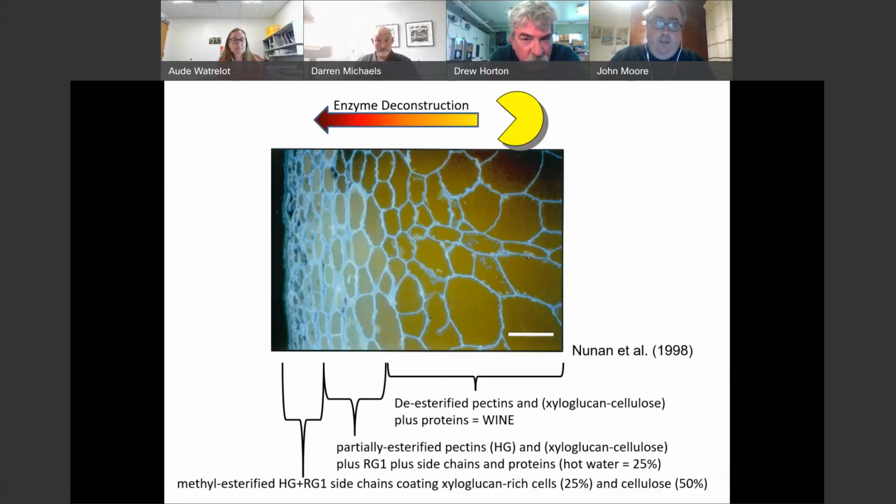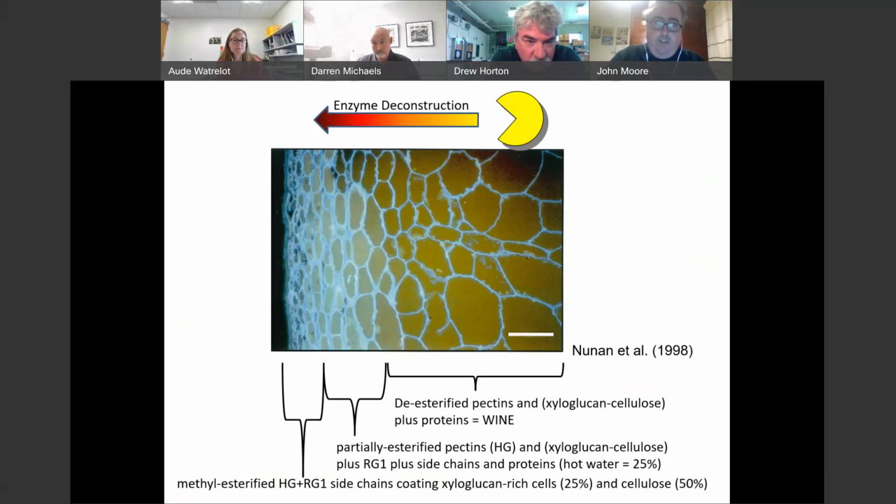and you get two layers that remain behind in the pomace. And the first layer is a more easily extracted pectin component, which is partially esterified. But then as you get closer to the skin cells, you get a much more highly methyl esterified RG1 coated layer that's difficult to separate from the xyloglucan-rich cells and the cellulose.